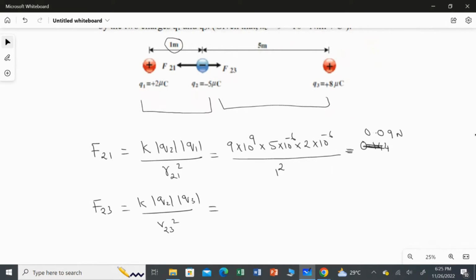Okay, I'm going to substitute the values: 9 multiplied by 10 power 9, multiplied by the second charge, -5 microcoulomb, and we take the magnitude, so 5 multiplied by 10 power minus 6, multiplied by the third charge, 8 microcoulomb, so 8 multiplied by 10 power minus 6, over the distance between charge 2 and 3, which is 5 meter, so 5 squared.